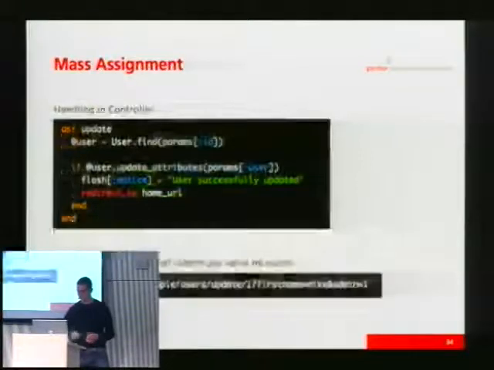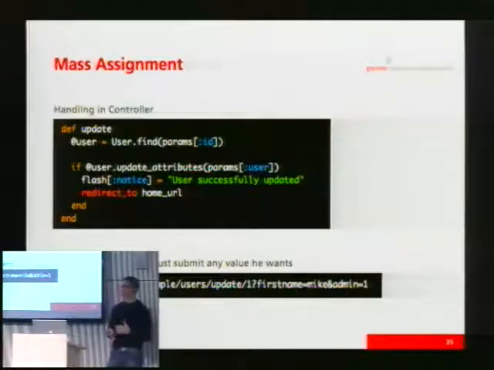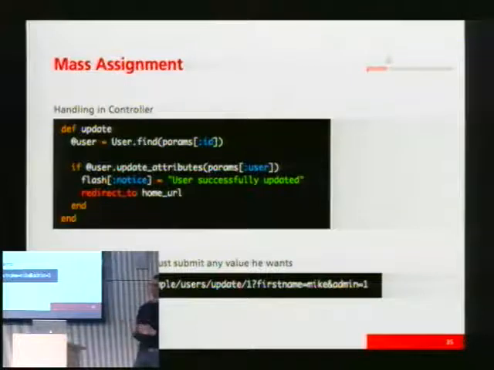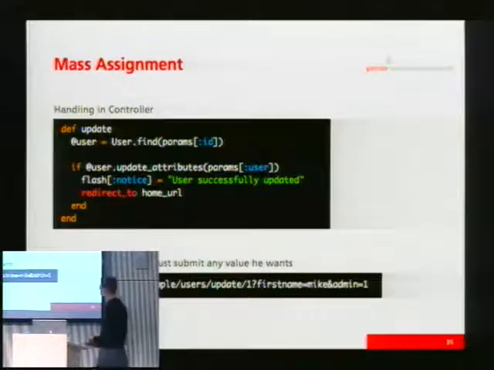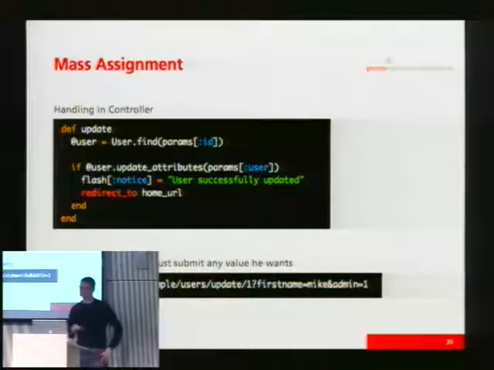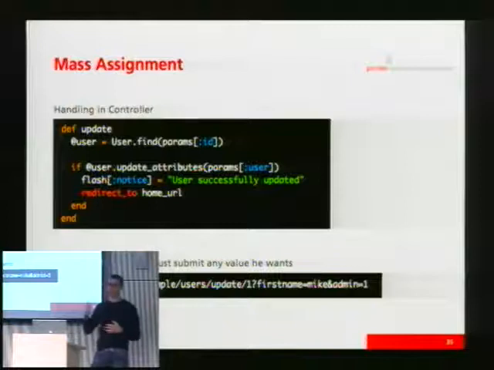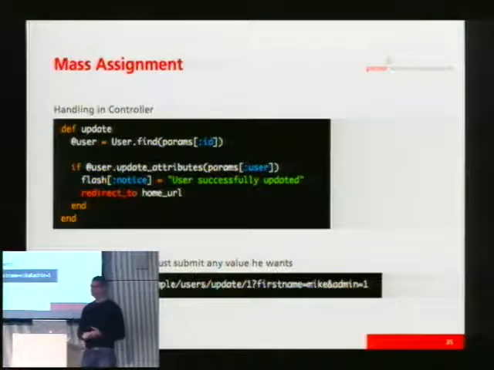If you're using the user object like this, as it's generated by default through Rails, you're just taking all the parameters that the user has submitted and updating the user and then saving it. What an attacker could do is just submit an attribute admin equals 1, because the update_attributes call will take all attributes in this request, update the user, and save it to the database.